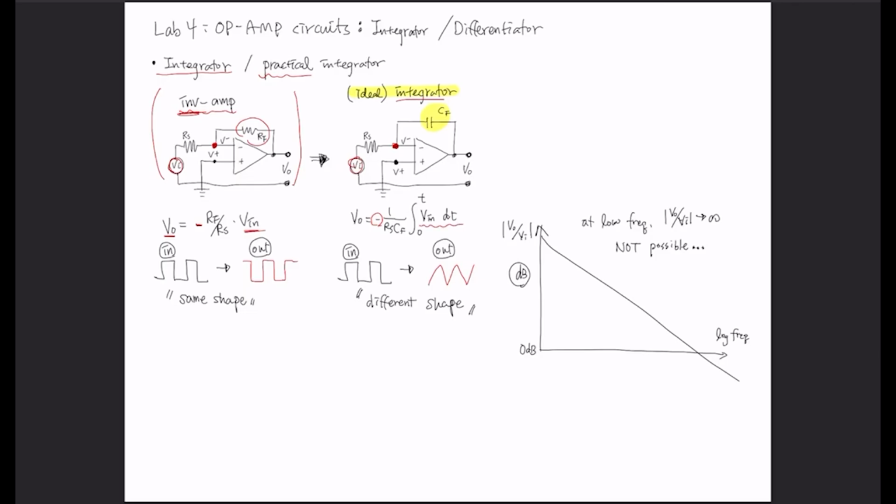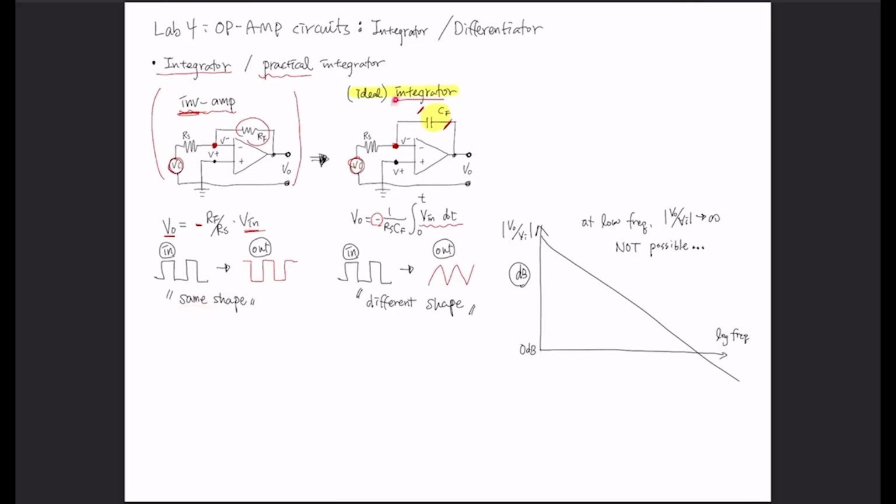The important thing is, by adding this capacitor, the waveform shape that you see from the output voltage should be changing. For example, in this inverting amplifier, you had an input that was a square wave, and your output is going to be a square wave, but the amplitude changes and it flips over. It flips over, but it's still the same shape.